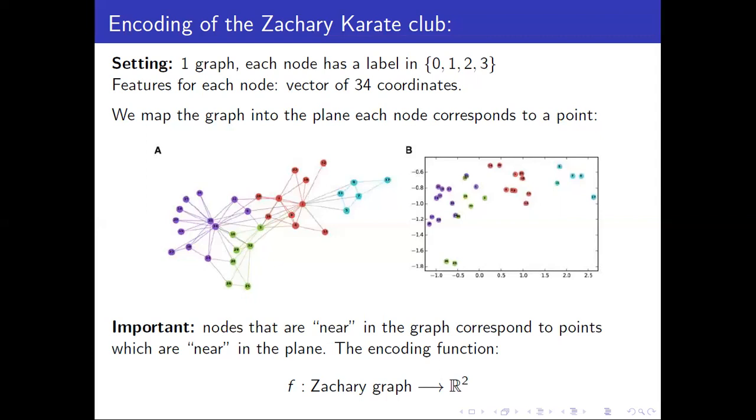And each node had the label 0, 1, 2, 3. And it is interesting because these nodes are connected because these people form groups, okay? And these groups, this researcher Zachary, it is coming from a sociology study.